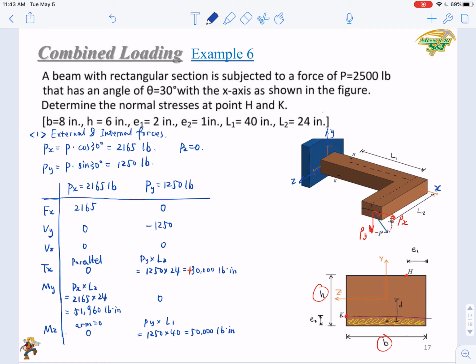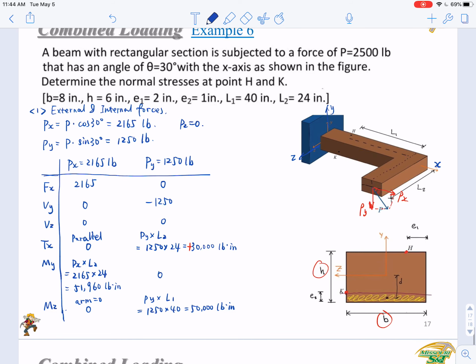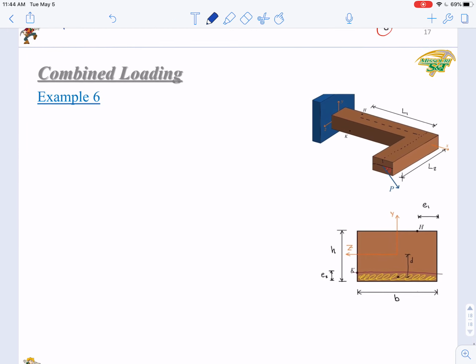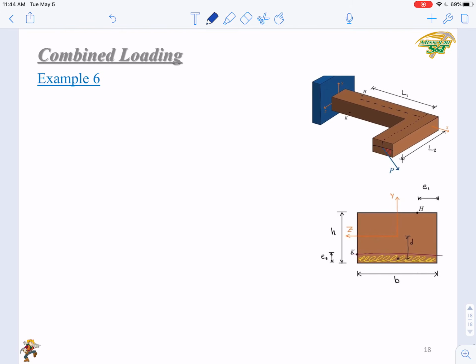Okay, so far we have got all of these internal forces. Then we can start to check the normal stresses as requested, determine the normal stresses at these 2 points. Let's look at normal stress at point H first. Okay, so here it will have 3 components.